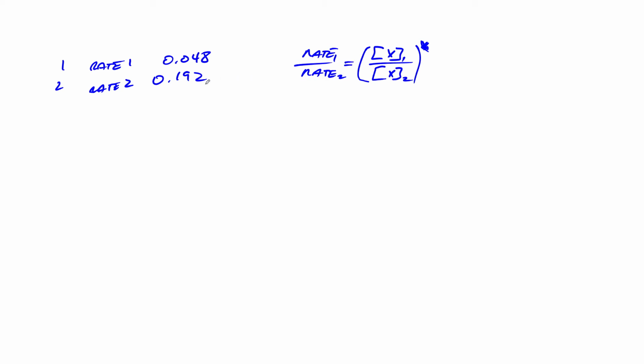Now, folks, to make it easy, let's put the highest first. So we're going to look at the ratio of rate 2 to rate 1, which is equal to the ratio of concentration x2 over x1. And we're looking for this exponent.